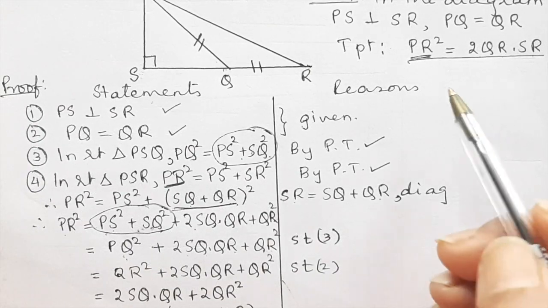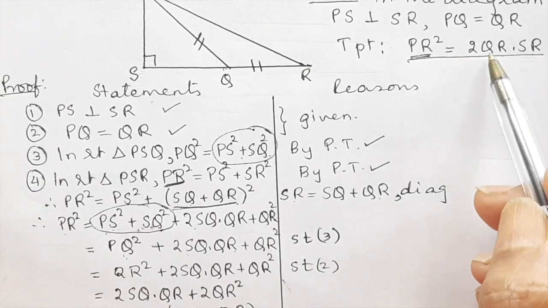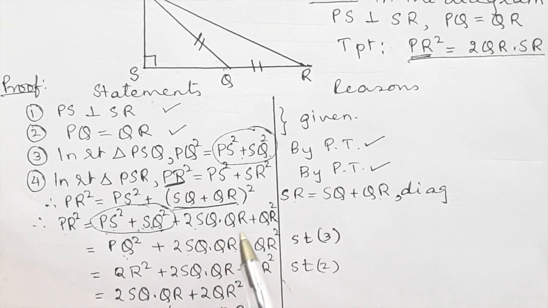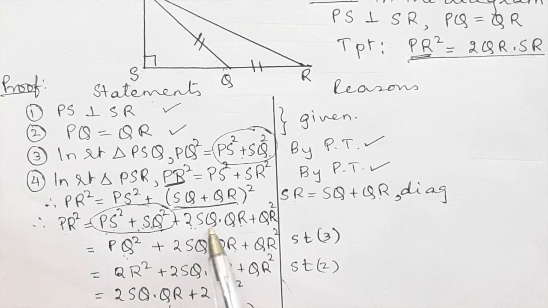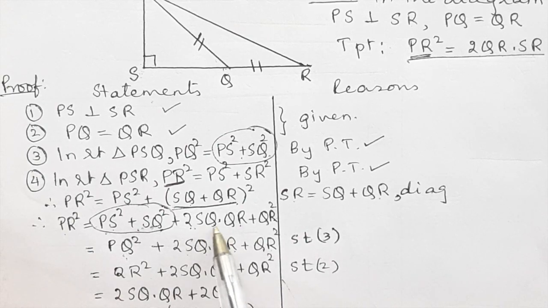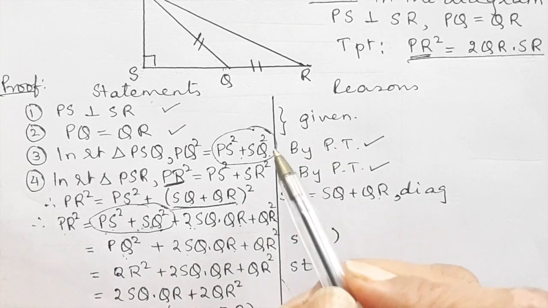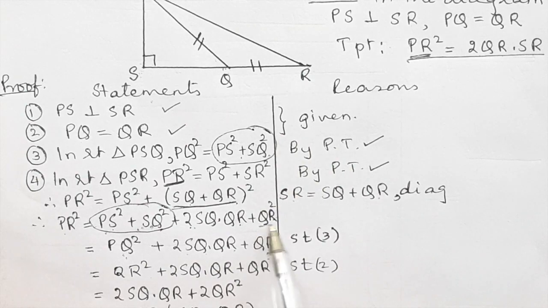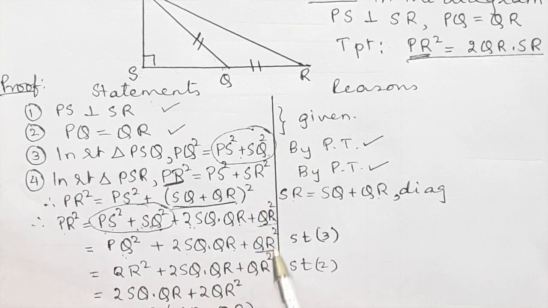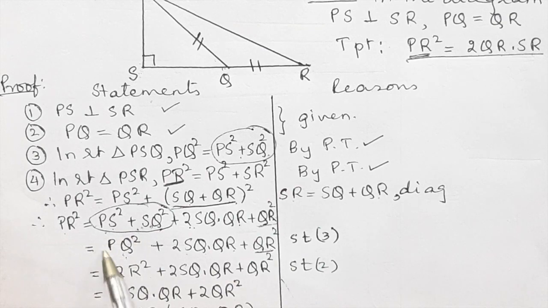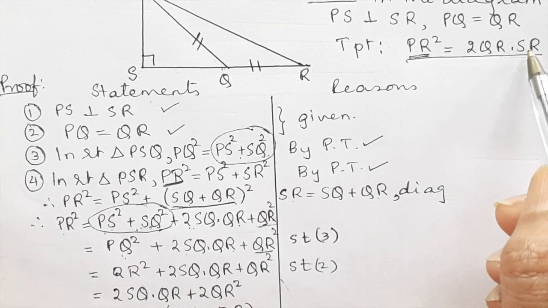All right. Now in our question, you have QR into SR. So we have here 2 QR into SR, but this is SQ. Can you see that? Yeah. So we need QR. I already have QR here. I already have QR here. But this PQ square is nowhere here.